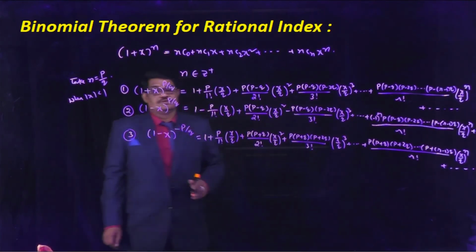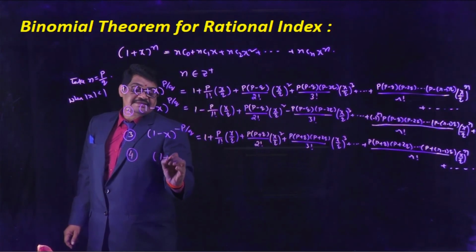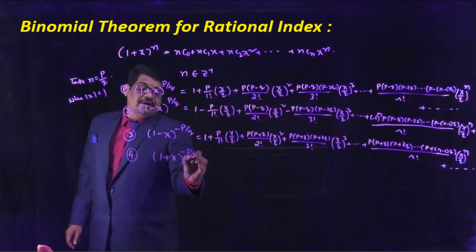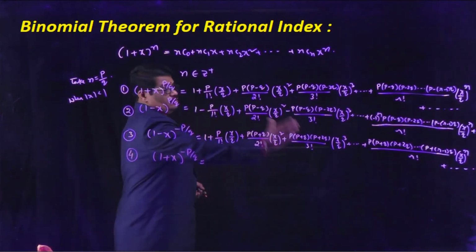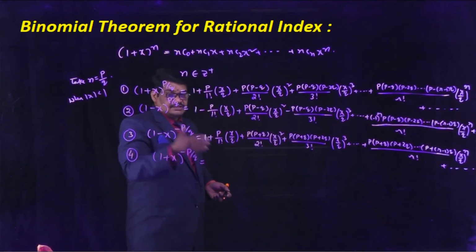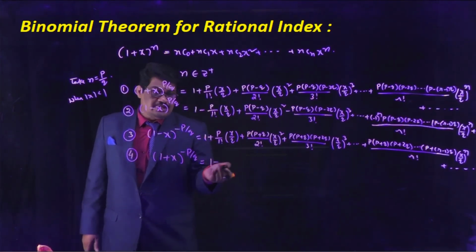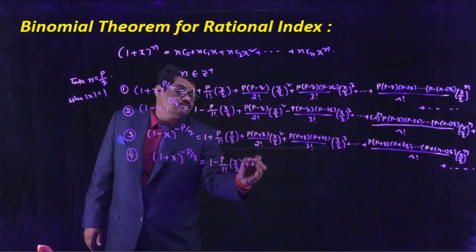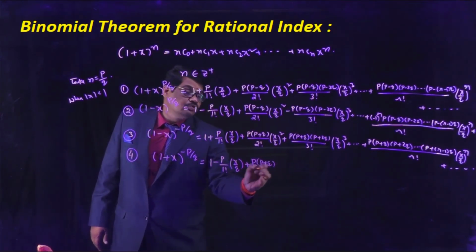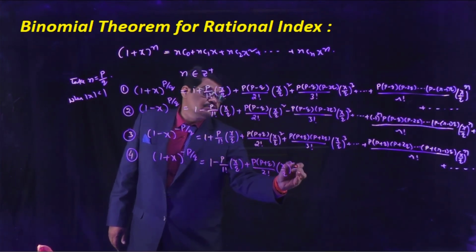Okay. The next formula, the fourth one, is (1+x)^(−p/q). In the above series we got all positives; in this one, plus and minus alternately come. So the same series: 1 minus p by 1 factorial into x by q, plus p(p+q) by 2 factorial into (x/q)^2.